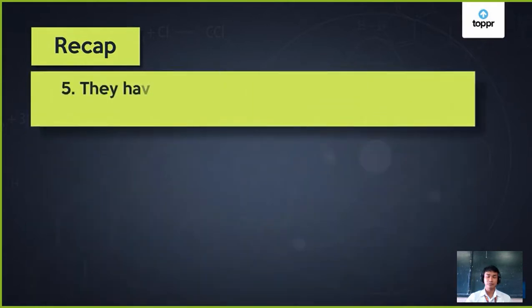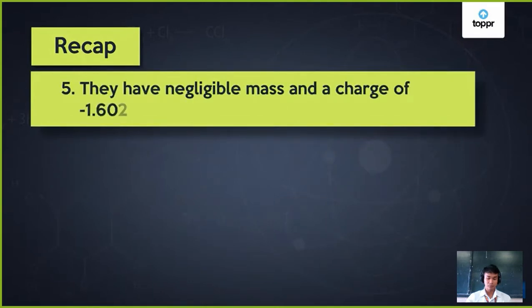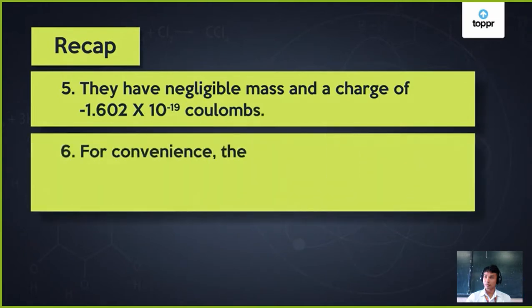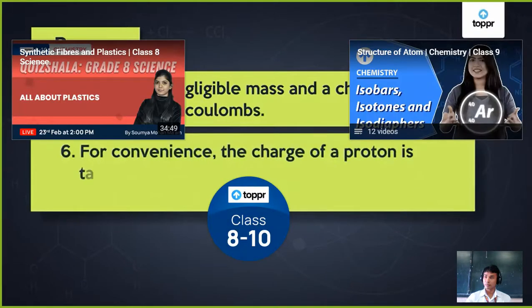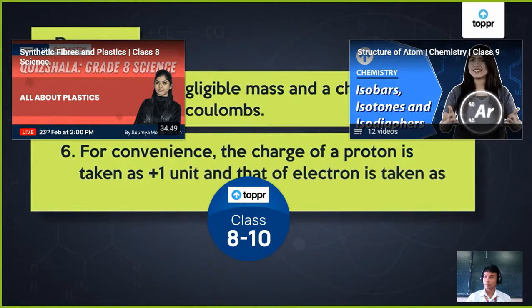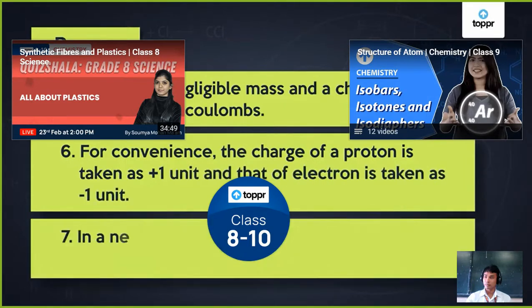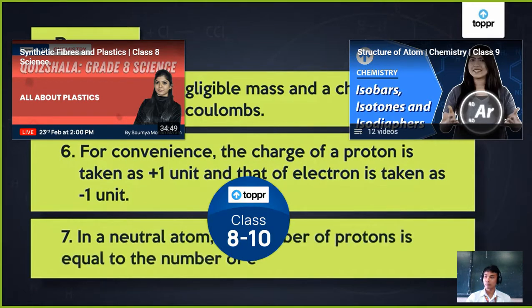They have negligible mass and a charge of minus 1.602 into 10 raised to minus 19 coulombs. For convenience, the charge of a proton is taken as +1 unit and that of electron is taken as -1 unit. In a neutral atom, the number of protons is equal to the number of electrons.